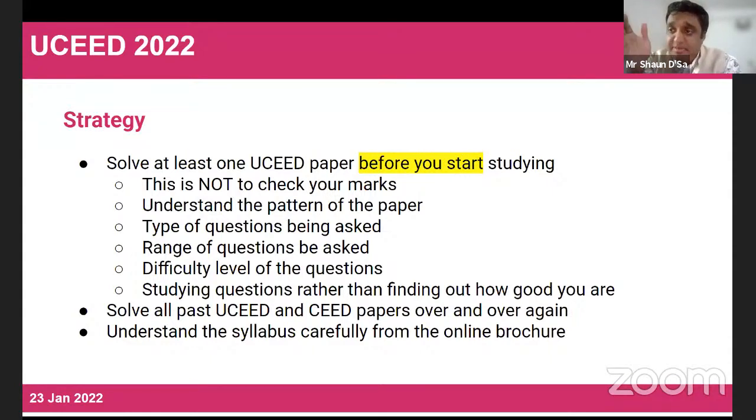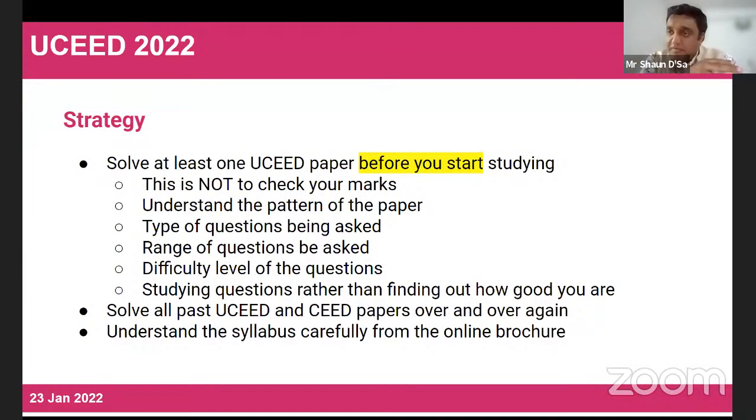Yes, it is extremely important, because remember, have a different mindset. This is more like an aptitude test, testing your basics. Both the SEED and UCEED papers test your basics. So if you have this mindset that you stick to only UCEED papers, you have lost half of the vital information out there.